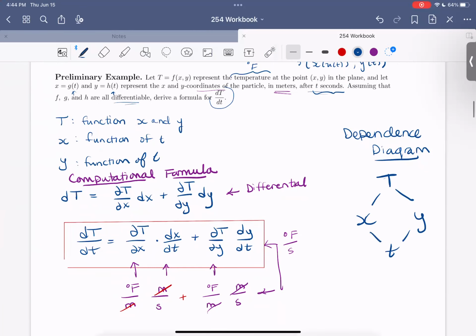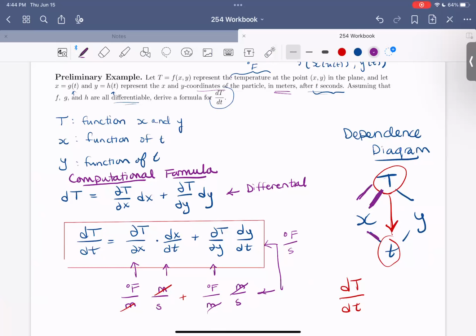Okay, so if our goal is to find the derivative of T with respect to little t, then we want this derivative here, the derivative of big T with respect to little t. So how do we get there? Well, in order to get to t, we have to follow the connections that we have.